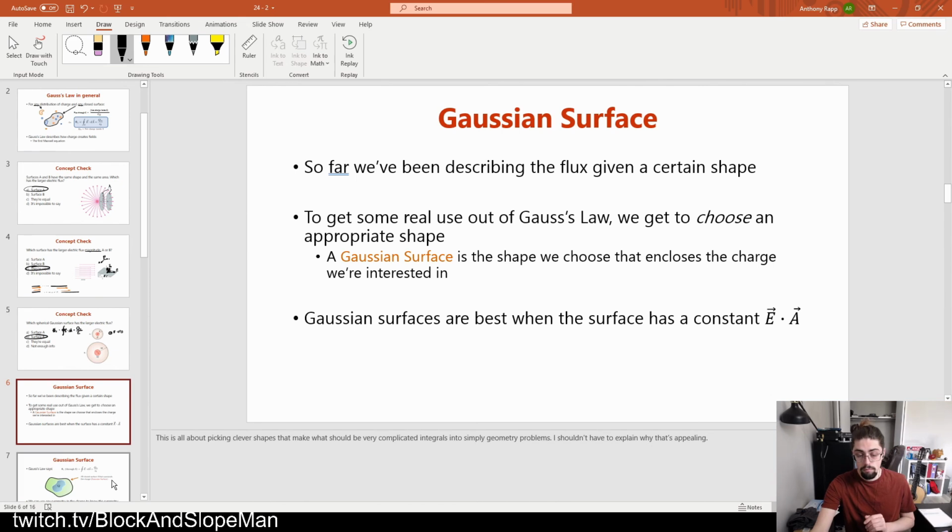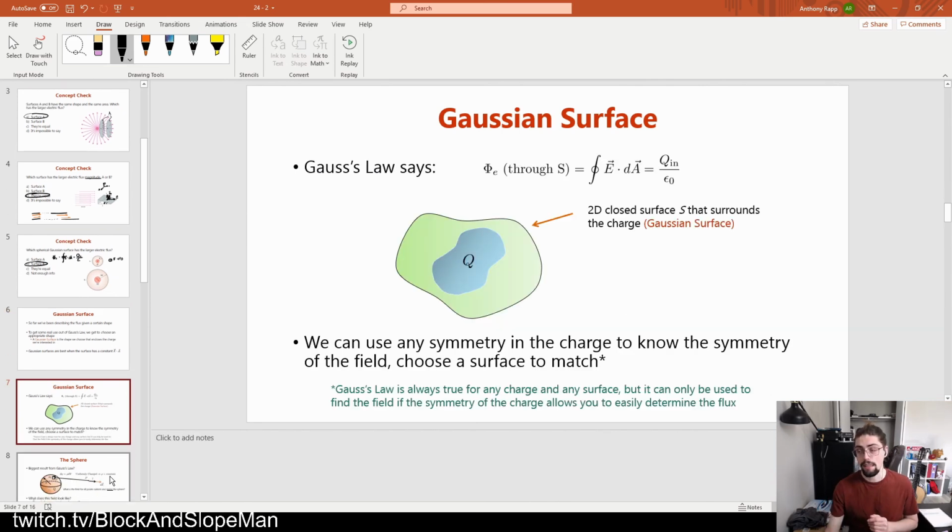We want to make this as simple as possible so that we can more or less completely avoid the integral. So, if we have an object that looks like this, we have something that's kind of lumpy, we're going to have a really tough time actually using Gauss's law properly, right? Because that object that we have, that Q in blue, really doesn't have any good symmetry to it. We can draw a Gaussian surface around it.